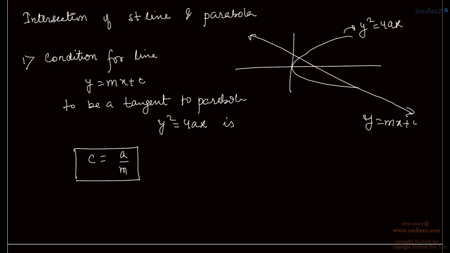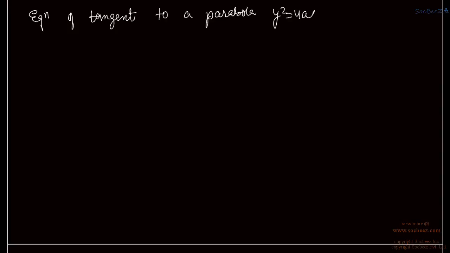So now the equation of tangent to the parabola y square is equal to 4ax. We have y is equal to mx plus a by m as a tangent to the parabola, right?